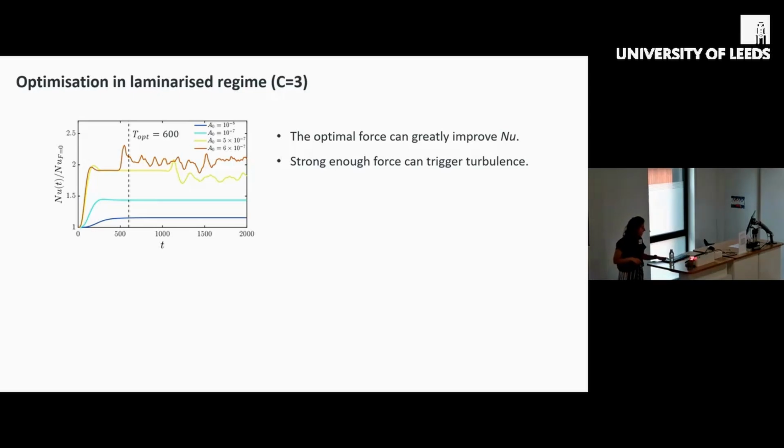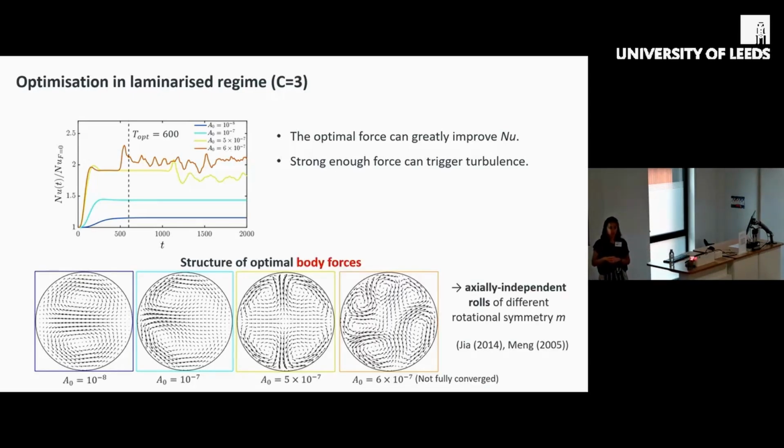So what does the structure of this optimal body force look like? Here, these are arrow plots, which show the cross-flow components of this optimal body force. I'm not showing the streamwise component because we always find it to be much smaller. And this shows the amplitude-dependent shape of the optimal body force.